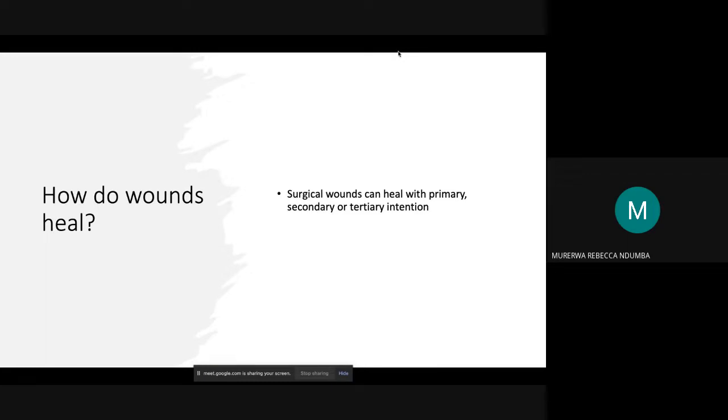So there's a lot of granulation tissue, and the scar is a bit more visible. Then healing by tertiary intention is where the wound usually is left open initially because the conditions for healing are not favorable, like those factors that influence wound healing aren't present or favorable. Then afterwards, the two edges are opposed, and then they heal.